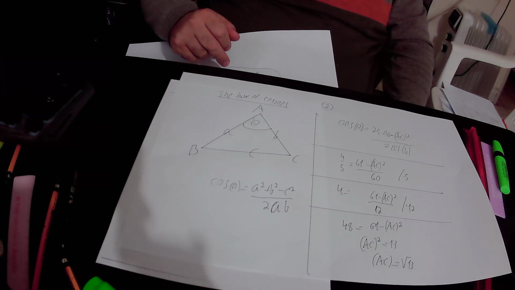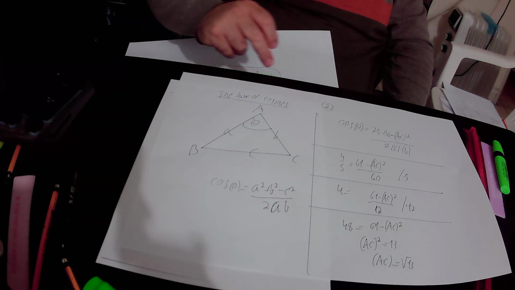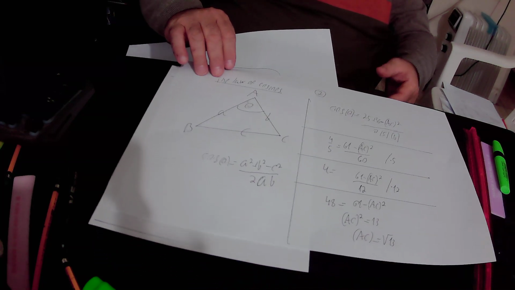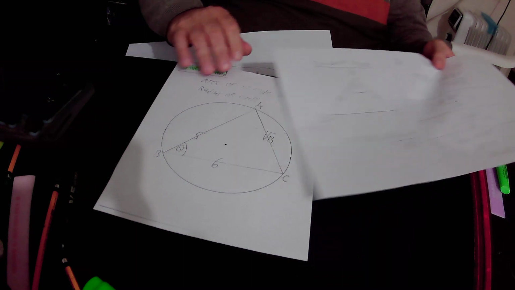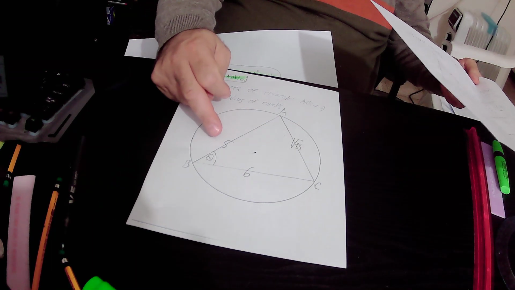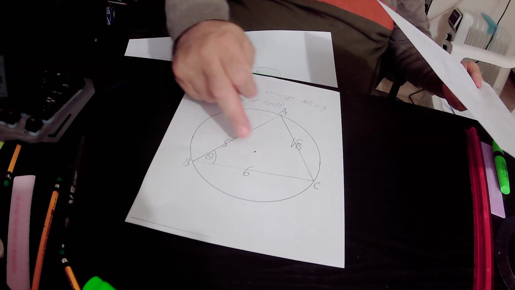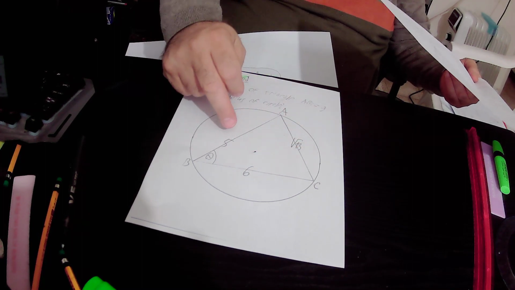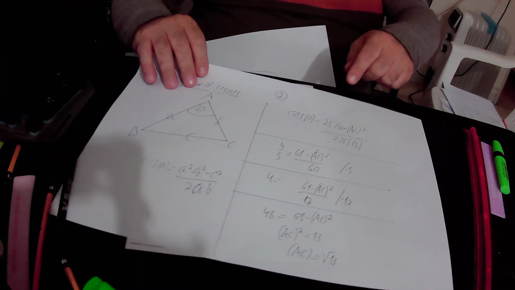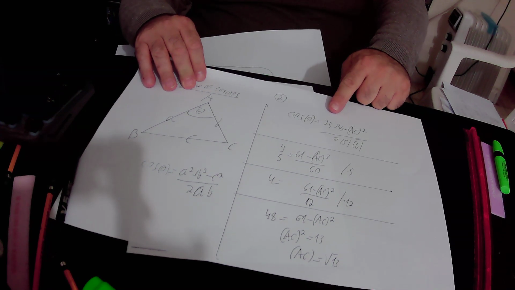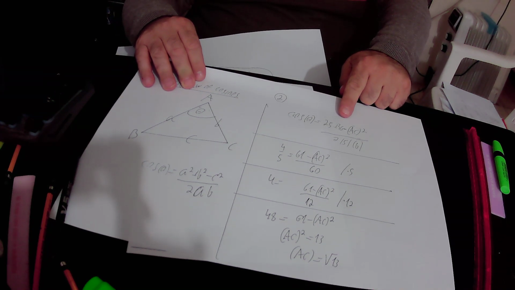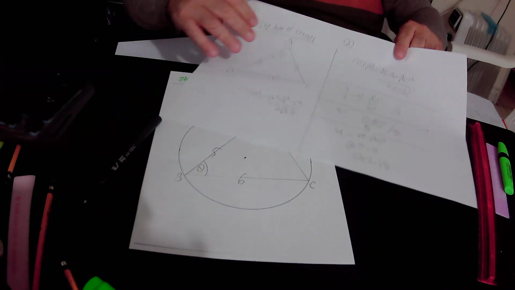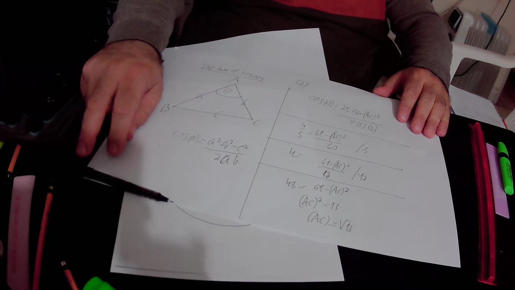Okay, so we implemented the law of cosines in our triangle. In our triangle, we have here cosine theta equals 5 squared plus 6 squared minus AC squared over 2 times 5 times 6. Cosine theta equals 5 squared, that is 25, plus 6 squared, that is 36, minus AC squared over 2 times 5 times 6.